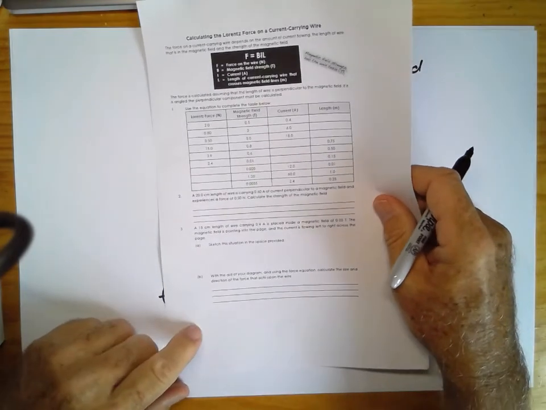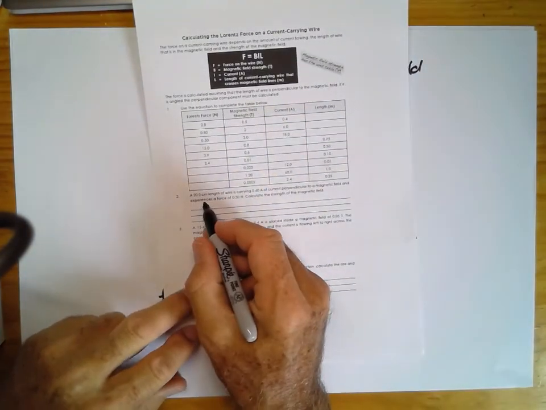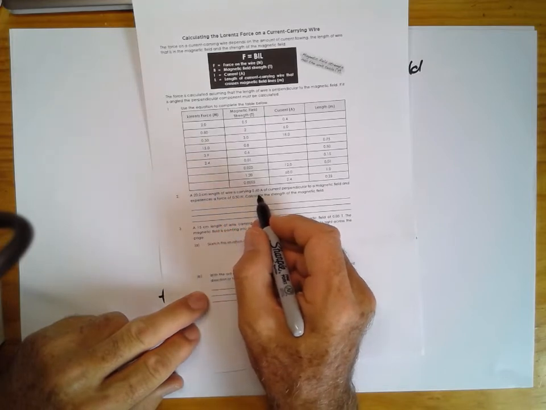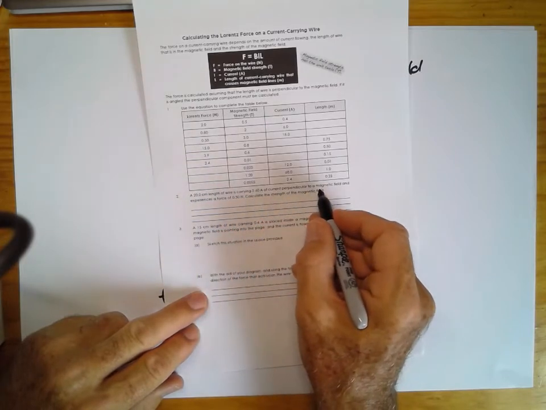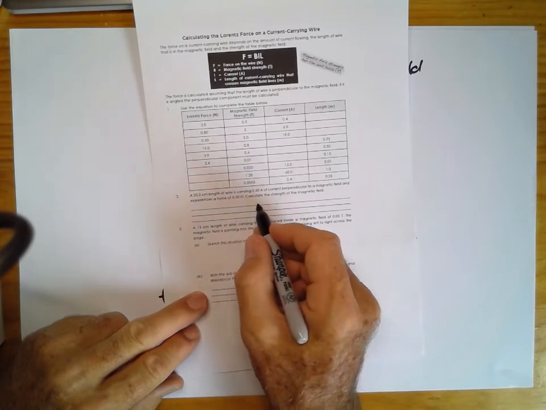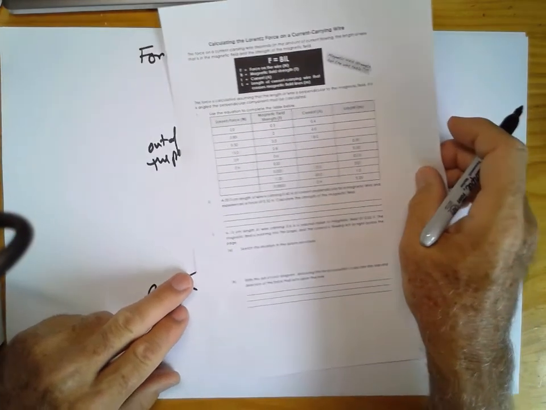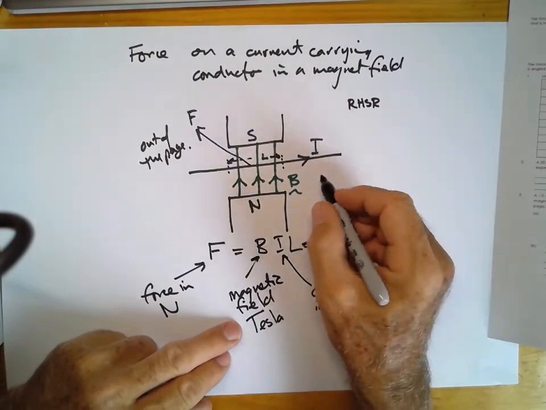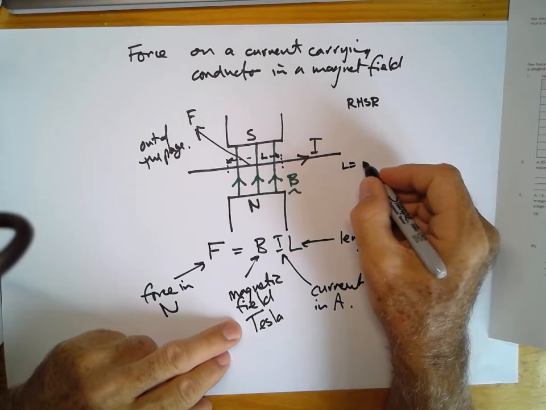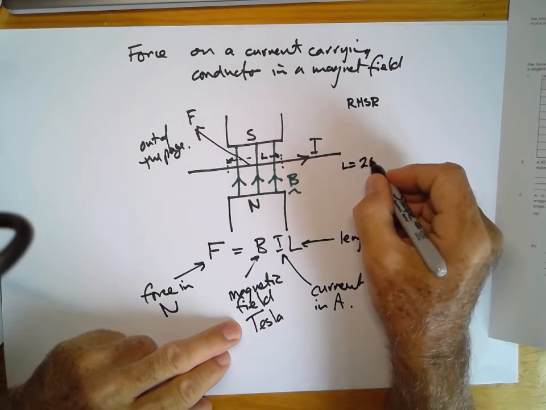Here's the problem. A 20 centimeter length of wire is carrying a 0.6 amp current perpendicular to the magnetic field and experiences a force of 0.50 Newton. Calculate the strength of the magnetic field. So we've got a wire of length L. The length is 20 centimeters.